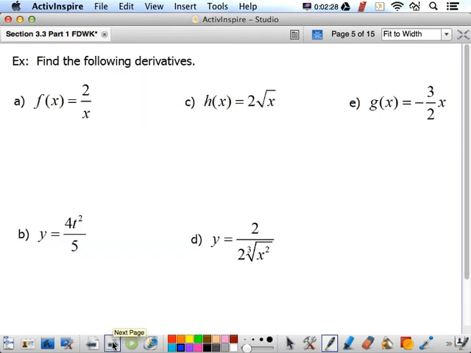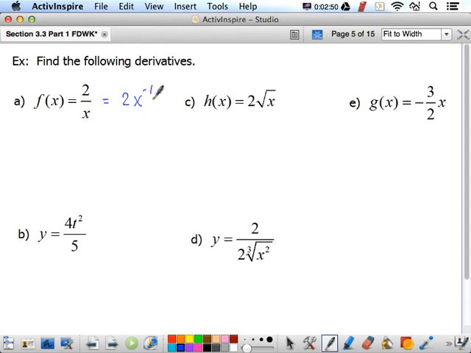So let's take a look at f of x equals 2 over x. Let's try to find the derivative of that. First thing you have to do is write it as a monomial of x to some power. So I can rewrite that as 2x to the what? Negative 1.